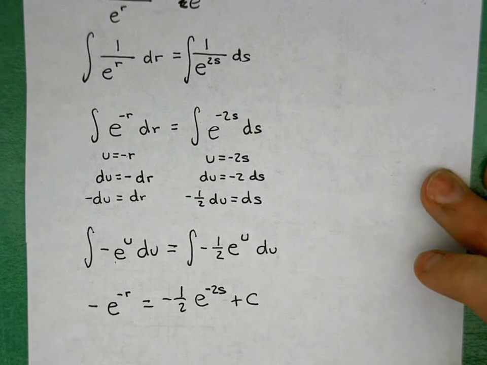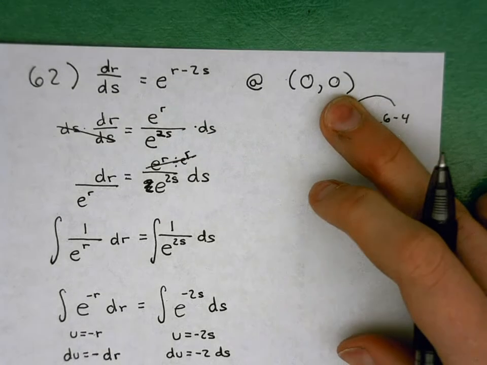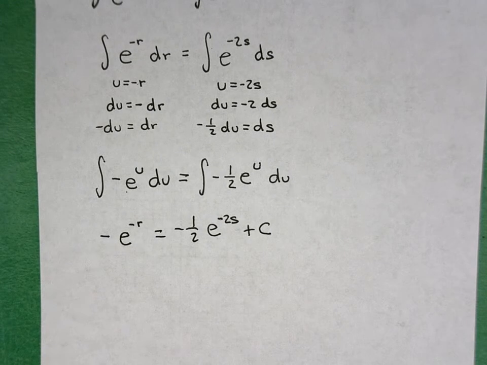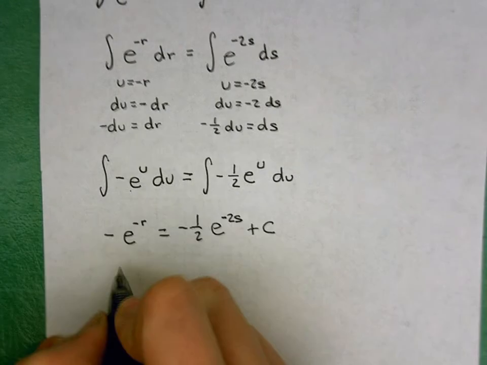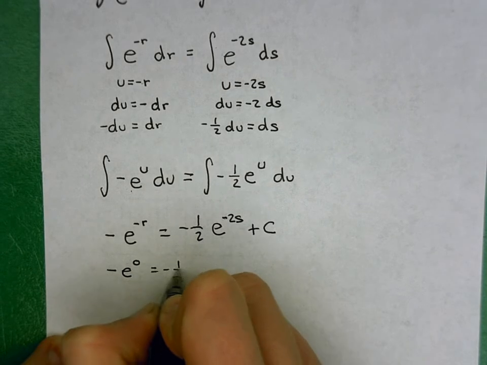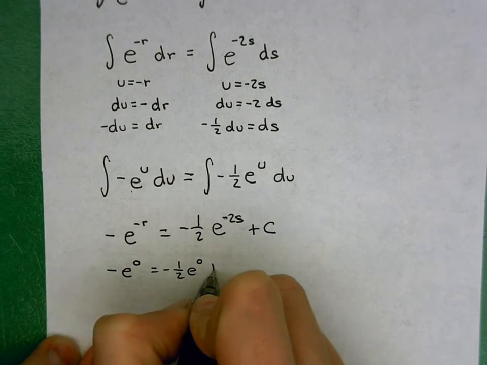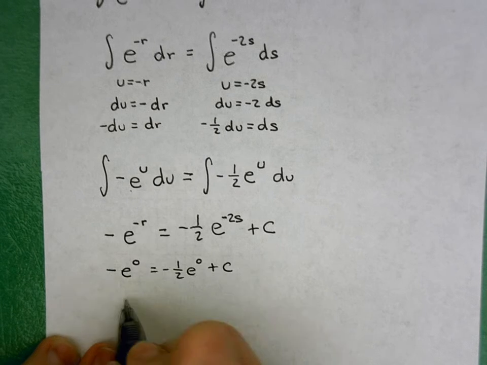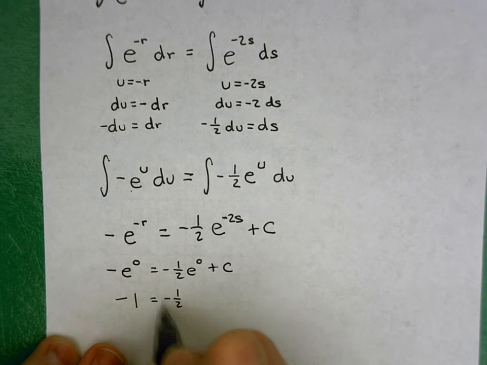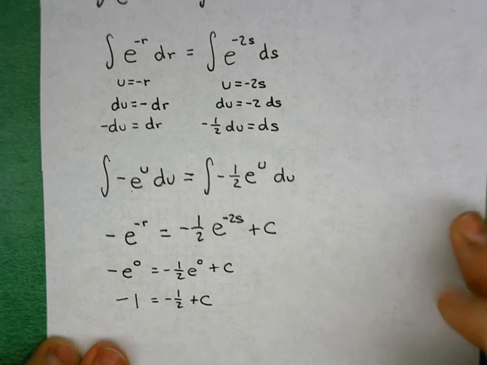Okay, now if you remember, for a particular solution, they gave us the point (0, 0). And so you can plug that point in at any point to solve for c. I'm going to go ahead and plug it in here. So we're at negative e to the 0 equals negative 1/2 e to the 0. Well, e to the 0 is just 1. So we're at negative 1/2 times 1, which is just negative 1/2, plus c.